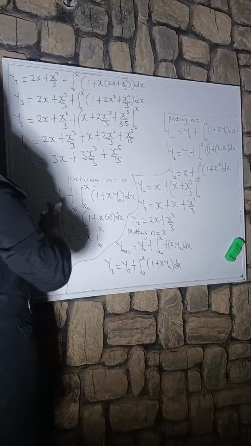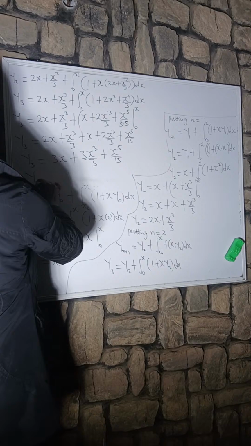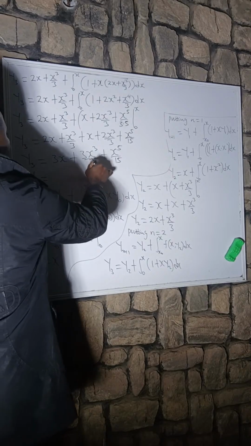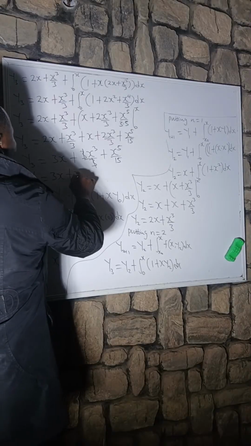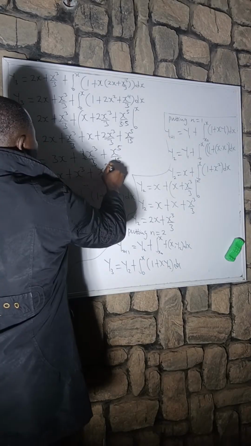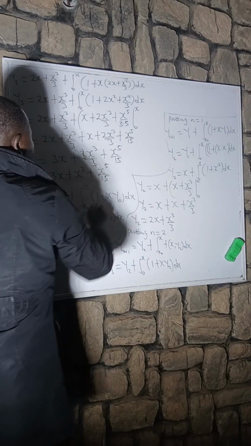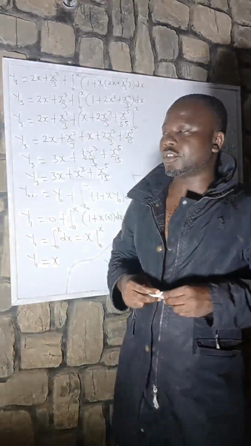Am I right? So at this point, we can conclude by saying this and this will go. So 3x plus x raised to the power of 3 plus x raised to the power of 5 all over 15. This is the final iteration.